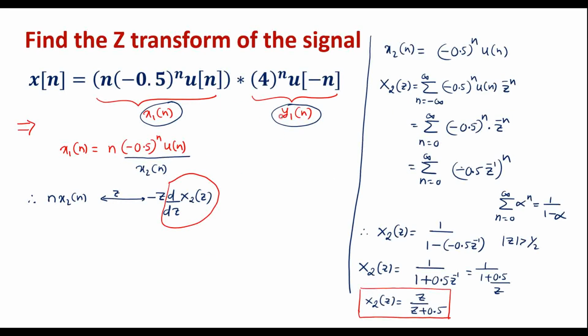So y1 of n is equal to 4 power n u of minus n. We'll take the Z transform of this, that is y1 of z is equal to summation n is equal to minus infinity to infinity 4 power n u of minus n z power minus n.